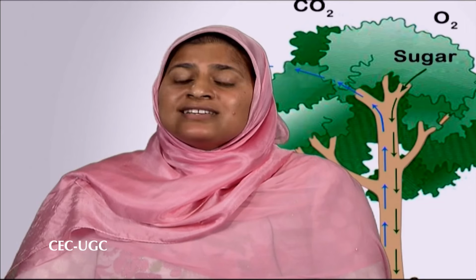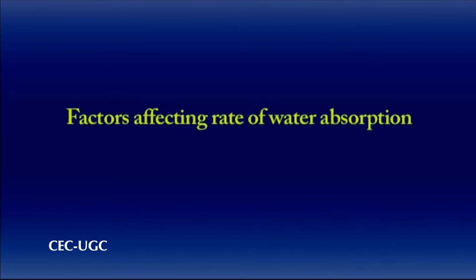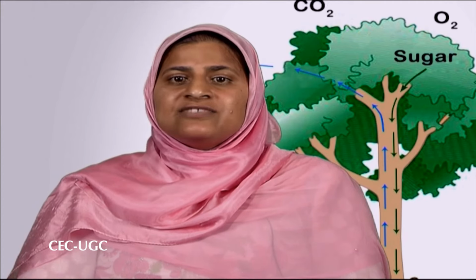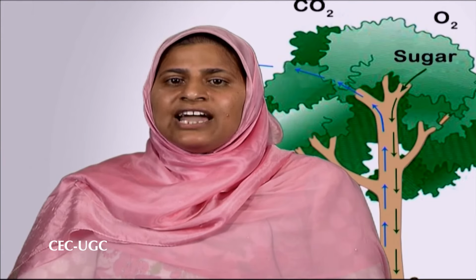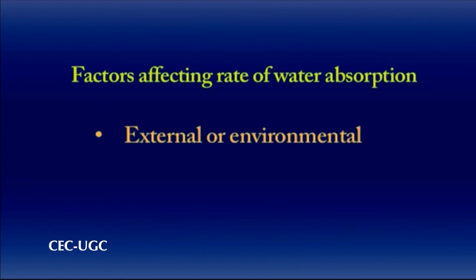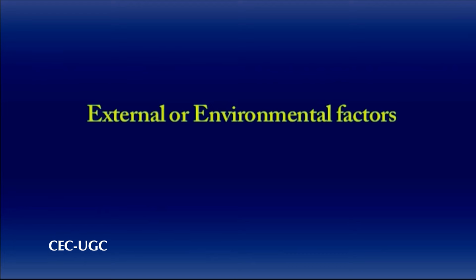Now friends, let us talk about the factors affecting the rate of water absorption. The different factors which influence the rate of water absorption by a plant can be divided into external or environmental and internal factors. External or environmental factors.